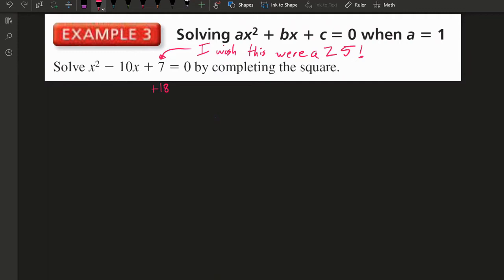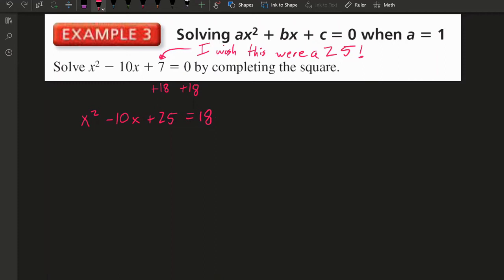However, being the good algebra students that you are, you know I can't just go adding 18 to equations. In order to do that, I'm going to need to balance it out. That means that I will have to also add 18 to the other side. So now I get this equivalent equation, x squared minus 10x plus 25 is equal to 18.